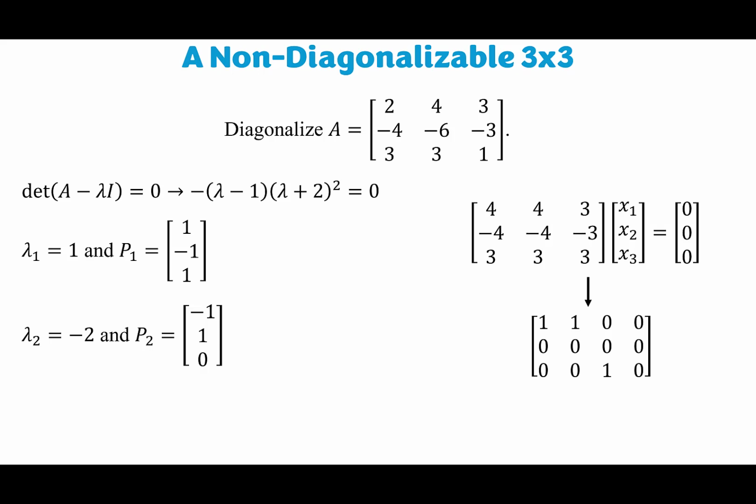Interpreting it, x3 is equal to 0. That's what the bottom row is saying. And the top row is saying x1 is equal to negative x2. So you could let x2 be a parameter t, and then you get the eigenvector negative 1, 1, 0 as a solution, or really any scalar multiple of that because we have the parameter t.